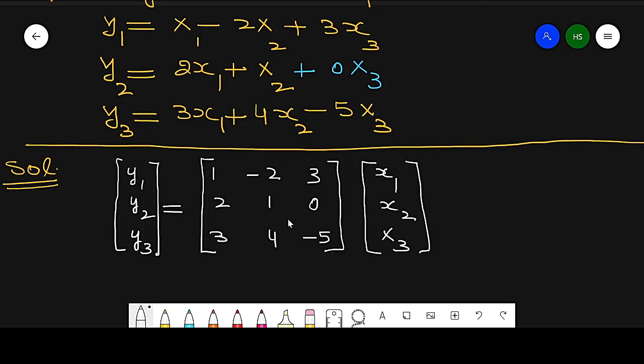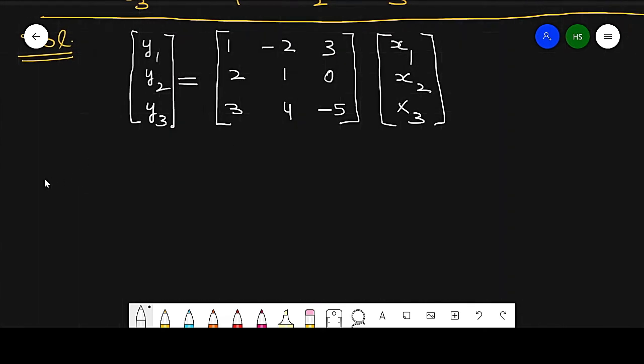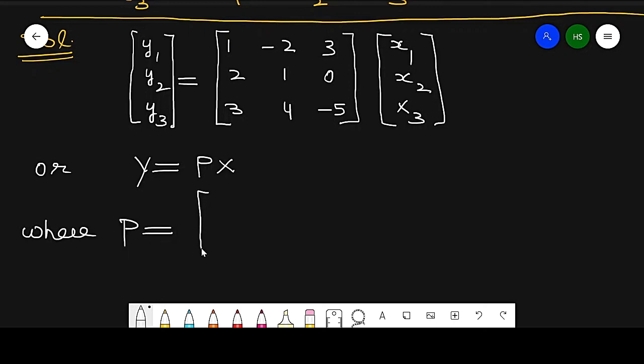Now clearly from this, if this matrix is non-singular, invertible, then we can also write it as x equal to P inverse y. Now this can be written as y equal to P into x, where P is equal to this matrix, 1, minus 2, 3, 2, 1, 0, 3, 4, minus 5.